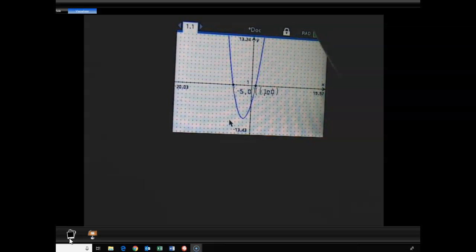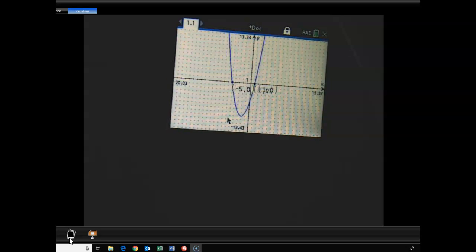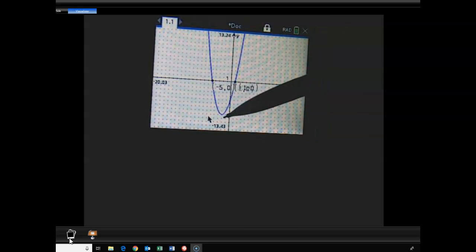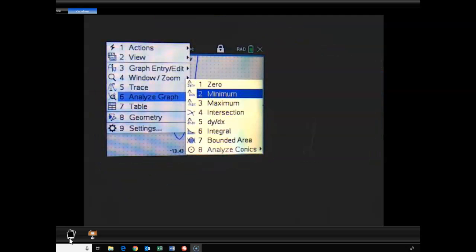All right, so I can see that it gave me my x-intercepts, which it didn't ask for, of course. But we want to know what that vertex is, okay? So I'm going to go to Menu, Analyze, and it is a minimum, okay? That's why I did that first. We're going to hit that.